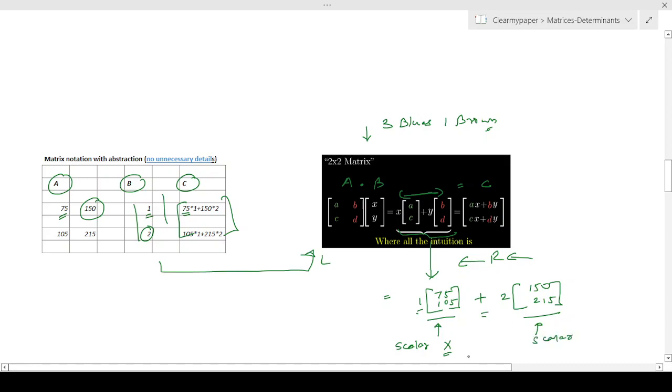Although these are two matrices, when one matrix is in this format followed by another matrix in this format, it means the numbers in the second one on the right are going to scale the matrix A by a certain number, which is 1 and 2 here. That's what it basically means.